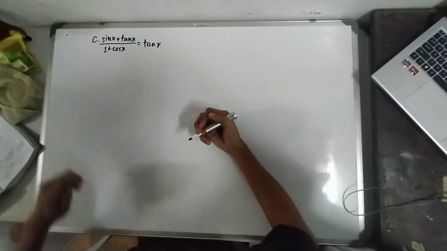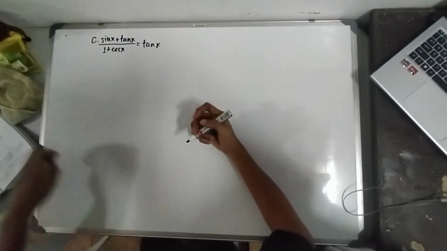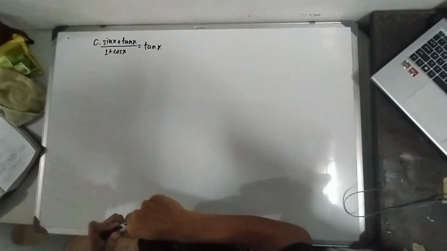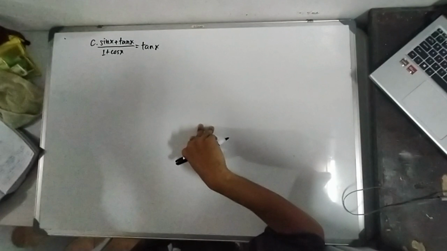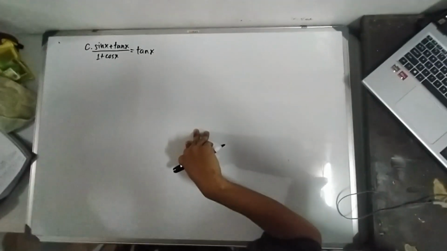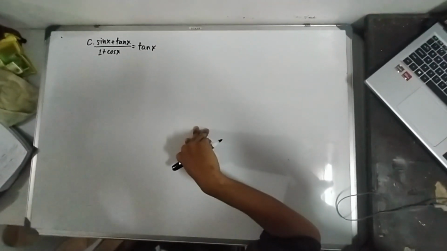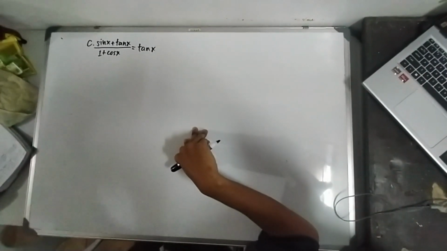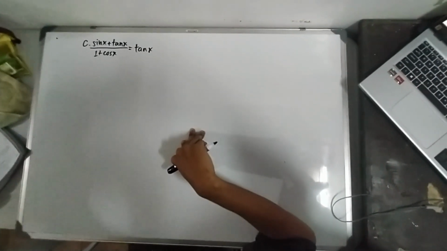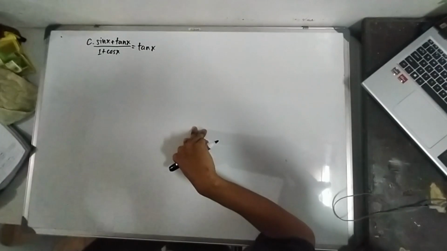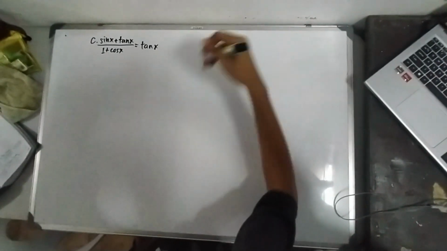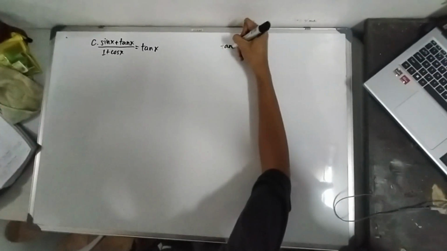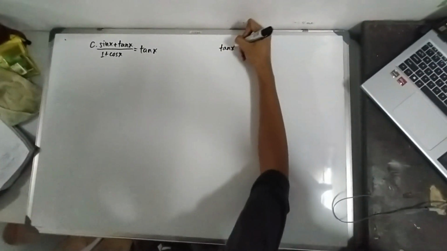Okay, now we're going to prove problem C. As you can see, it's very difficult, I think, to prove this. But using the identities that we have learned, we can solve this. So let's identify first: tan x.